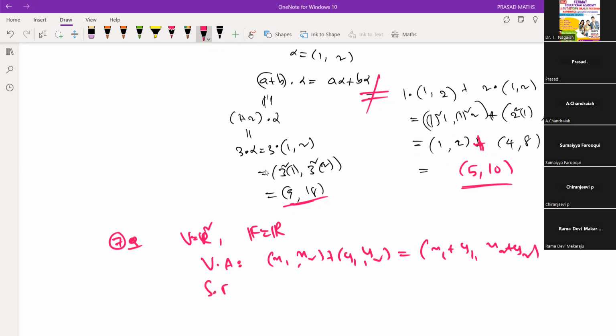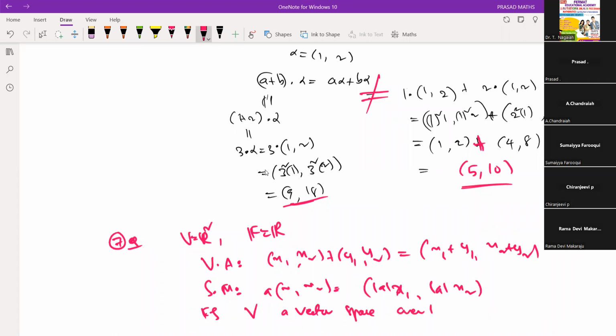What is scalar multiplication? A into (x1, x2) is equal to (mod a x1, mod a x2). The question is, is it a vector space over the field R?